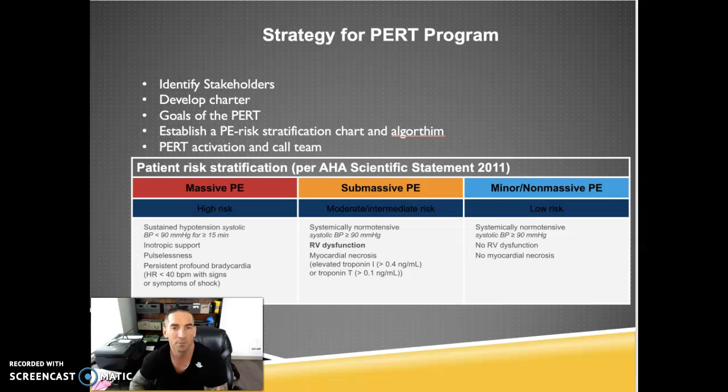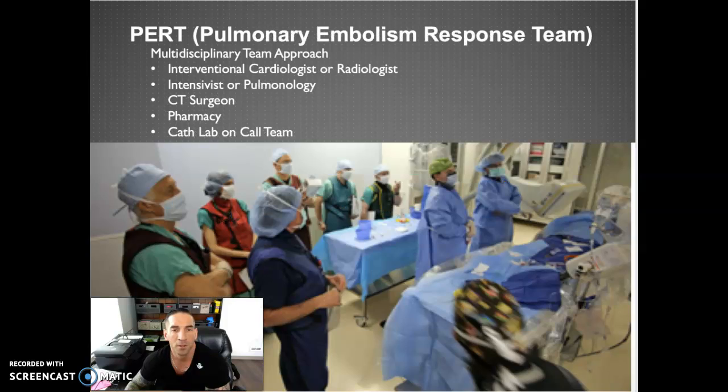And so you have these risk stratification elements listed here below that show if these patients meet these criteria, they're going to be lumped into this kind of risk stratification chart. And from there, the PE response team can make a better clinical decision on that patient's treatment and care pathway to the institution.